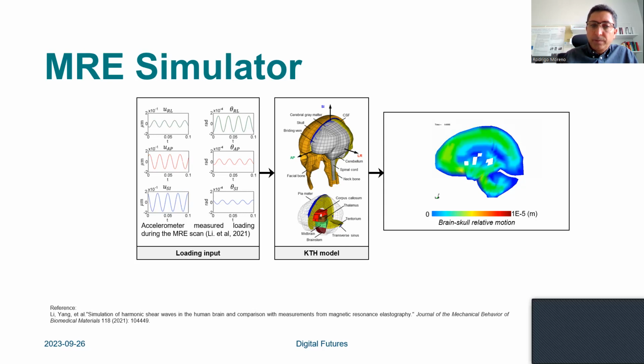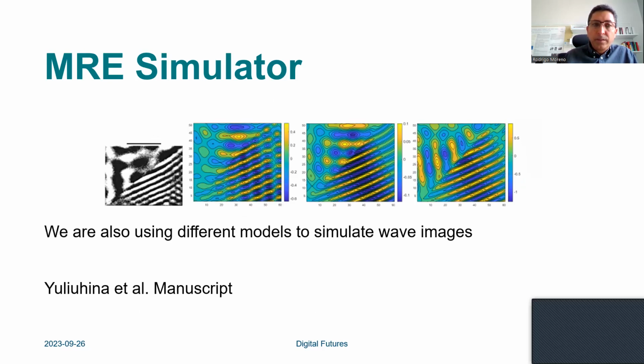One problem of this method is that it's time consuming, because it's based on FEM. So we went to the other extreme, to have something that is maybe not too accurate, but quick, to generate millions of samples to train our network.